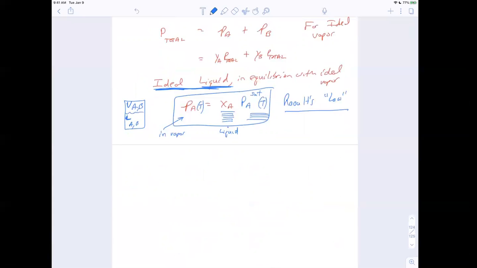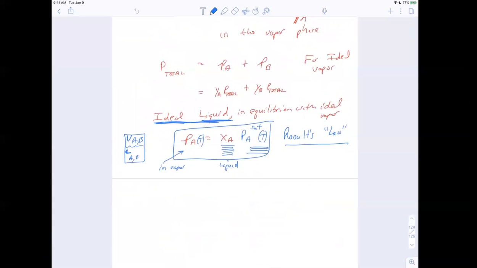And we know that the P total in the vapor is a combination of P sub A and P sub B. Let me just write down P sub B, which would be X sub B times P B saturation at that temperature.